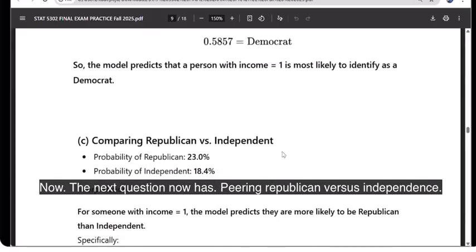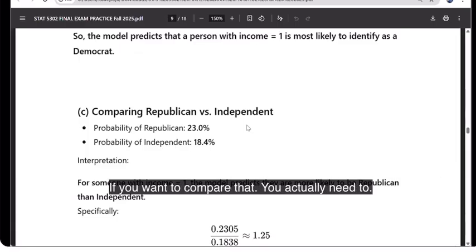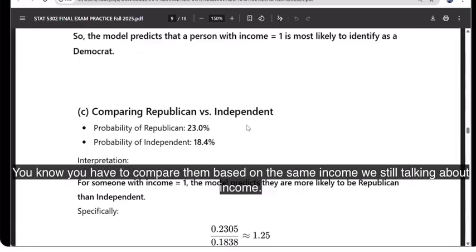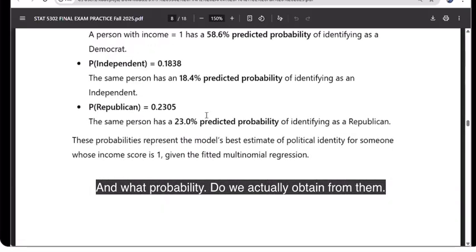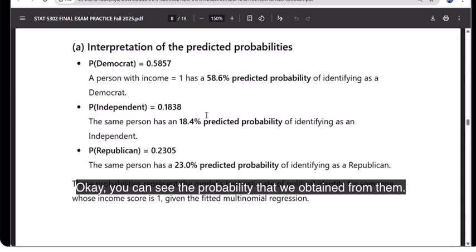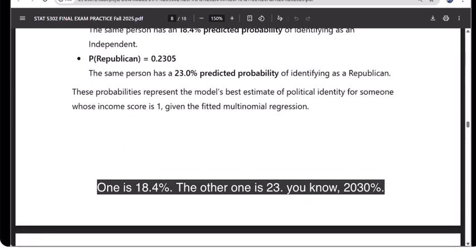Now, the next question is comparing Republican versus independent. If you want to compare that, you have to compare them based on the same income. We're still talking about income and what probability we obtain from them. You can see the probability that we obtain from them. One is 18.4%, the other one is 23%.